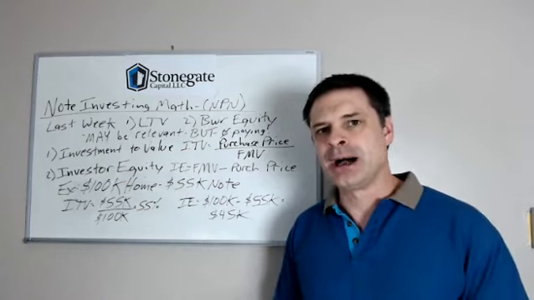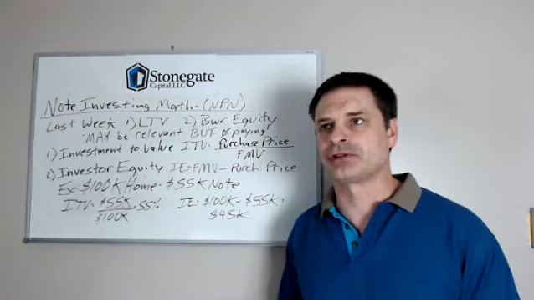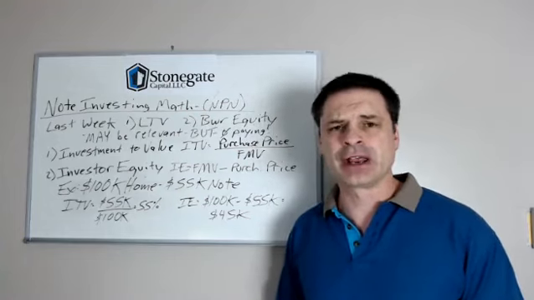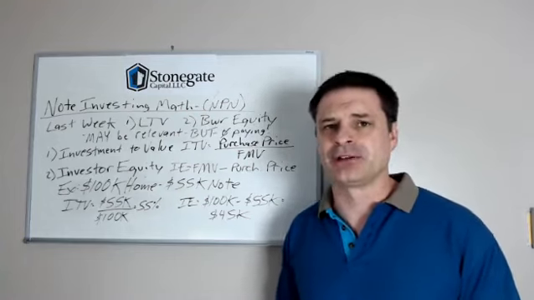Depending on the state and the different time frames, it might take you a year to get that $20,000 return, especially in a state like Ohio. In a state like New Jersey or New York, it might take you 2, 3, or even 4 years. In a state like Texas, it might take just a couple of months. But the idea tonight was just to give you those real short, simple and sweet equations.